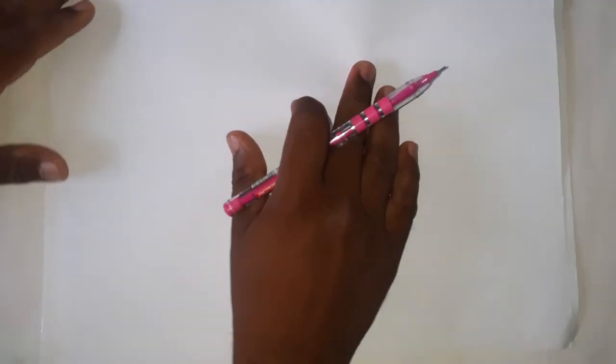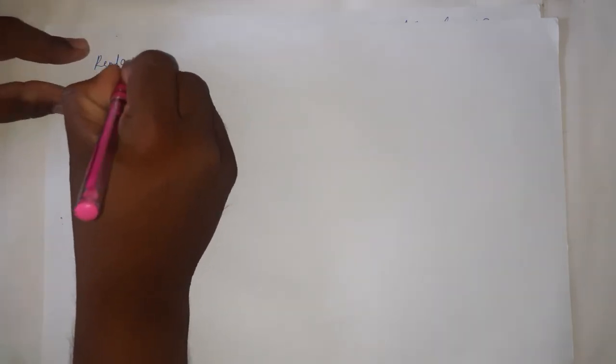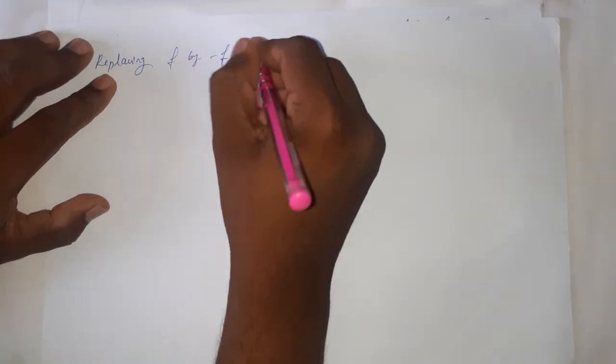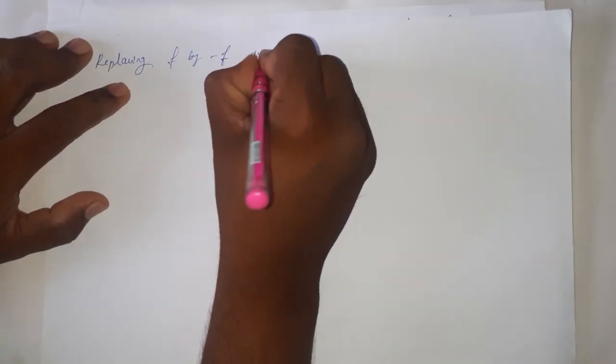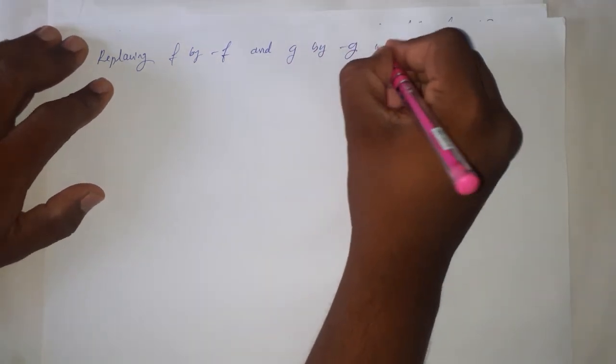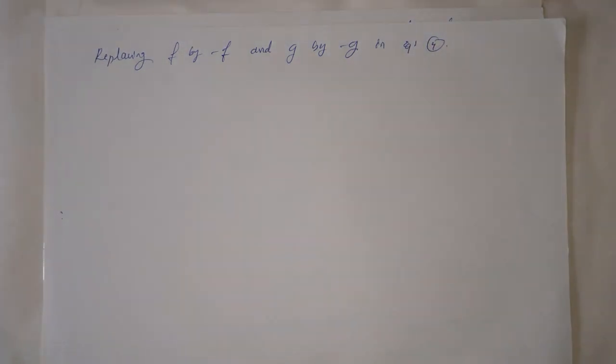Consider this as equation number 4. Now, replace f by minus f and g by minus g in equation 4.